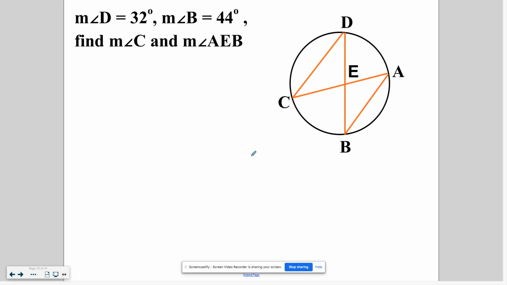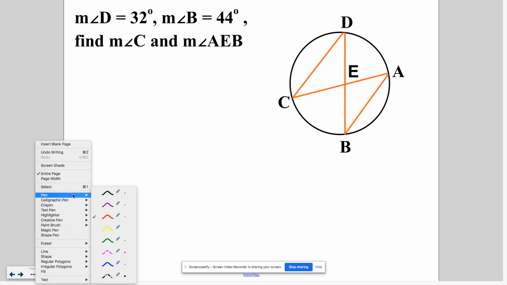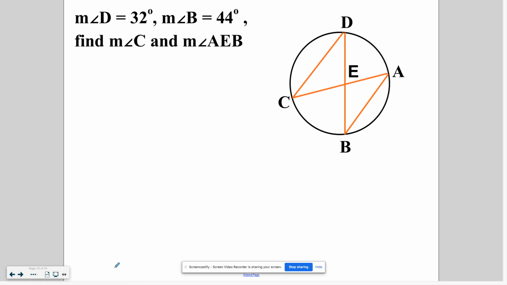So let's put that to use. They tell us this is 32. My brain is going, oh, this is an inscribed angle that's subtending BC. Angle A is also subtending BC, right? You can see that shooting out towards BC.